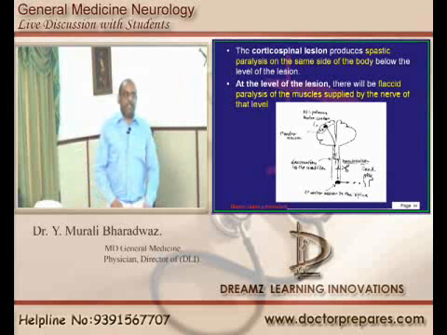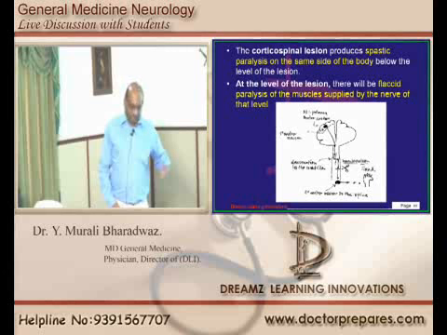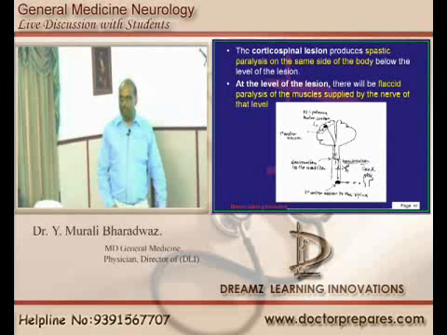But when it is passing through the spinal cord, already it has decussated. You agree? So if I do a transection, where will I find ipsilateral lower limb weakness? What type of weakness? UMN type or LMN type? UMN type, because the upper fibers are interrupted. Agreed, doctor? Below the level of the transection.